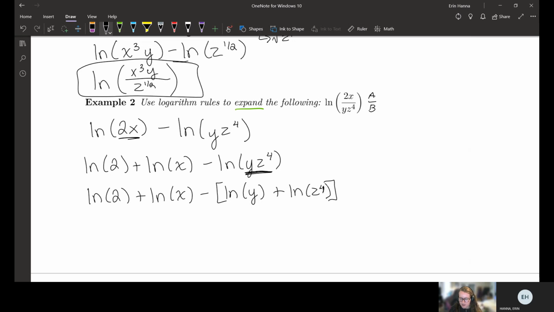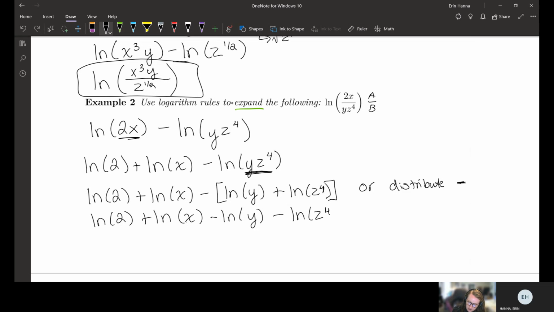Or you can distribute the negative right away. If you can recognize that splitting that up, since they were both in the denominator, it would result in minus natural log of y minus natural log of z to the fourth. If you can just jump from here to there, that's perfectly fine.